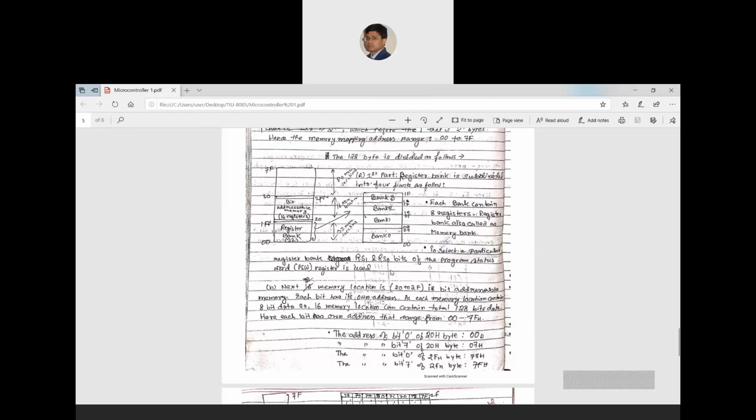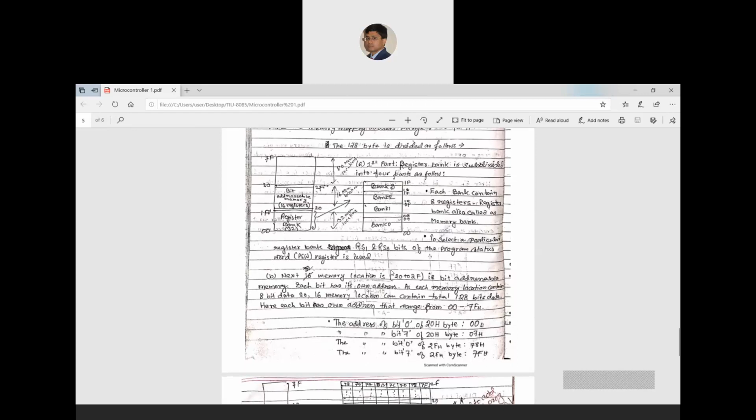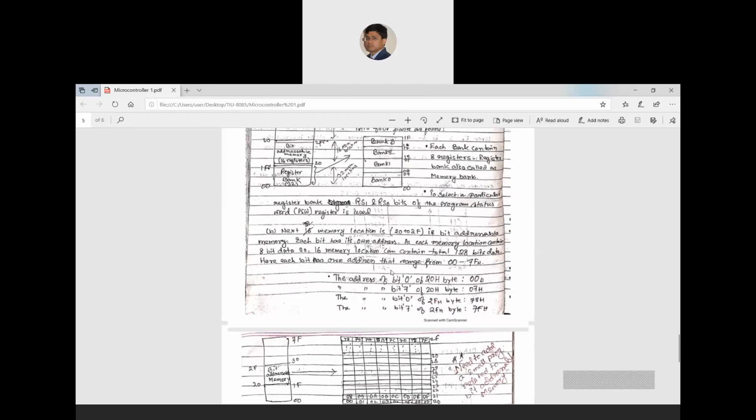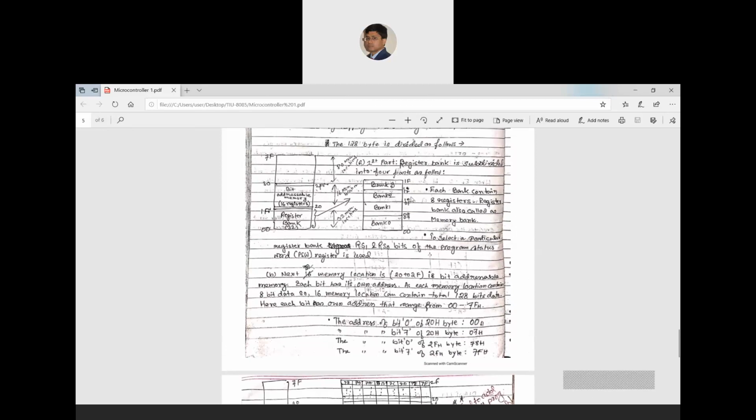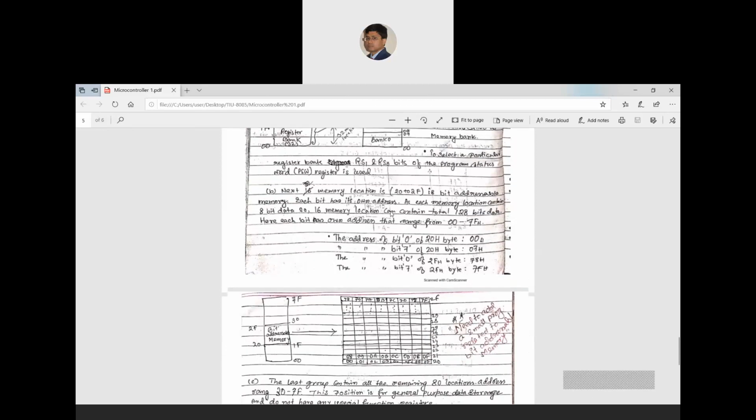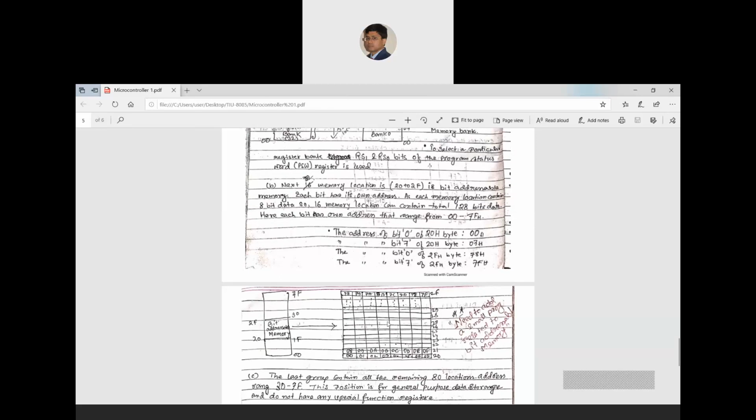So I need to know which locations are specified for the register bank, which for the bit addressable memory part, and which for random data. I have also seen the further division of the register bank locations, and how to go to the bit address through the segment address.